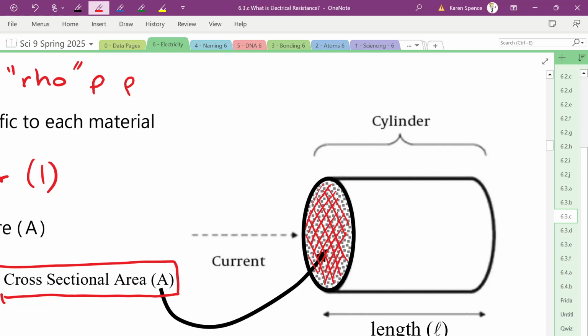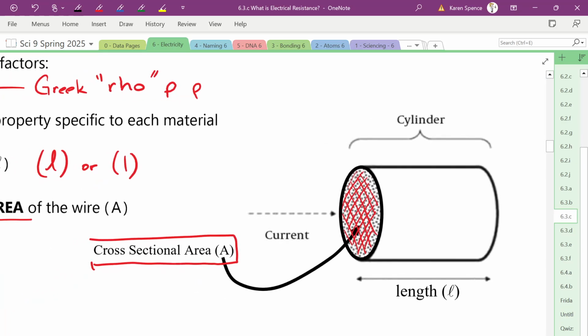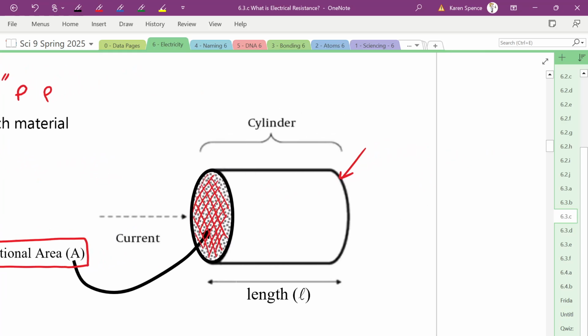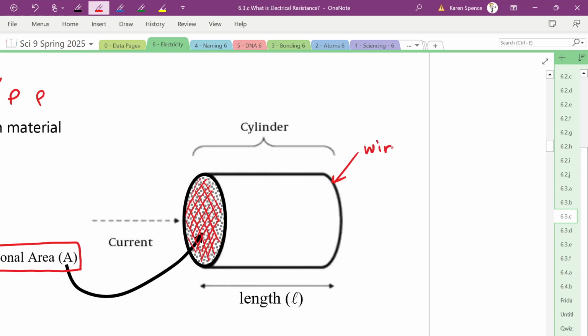When they say we cross-section something, that means we cut it in half and we look at the surface of what we have cut. And within that wire, the resistance is going to depend on the length. It's going to depend on the cross-sectional area, A.